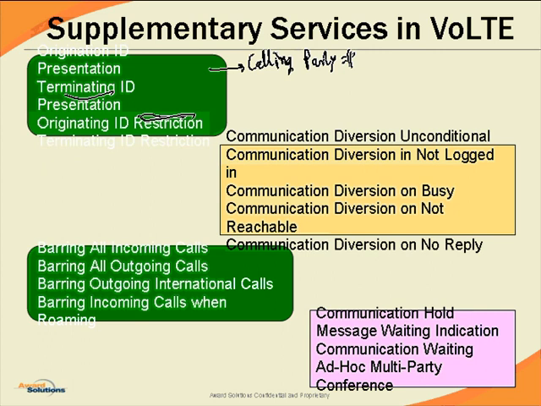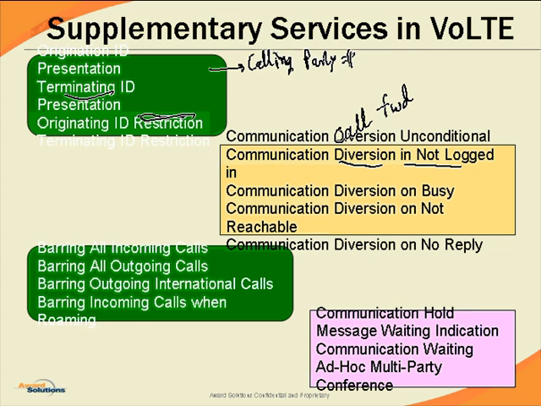Then diversion, where you are transferring a call somewhere, like call forwarding. Unconditional means all the calls are forwarded from, let's say, your cell phone to your work phone, from work phone to cell phone, vice versa.